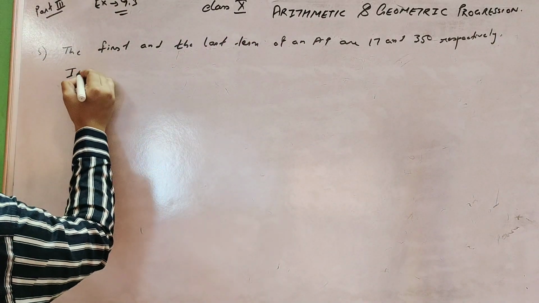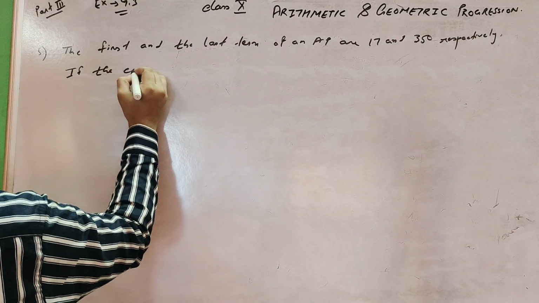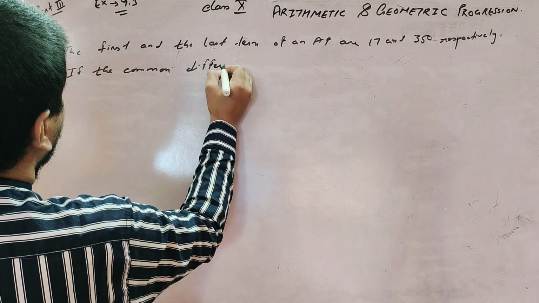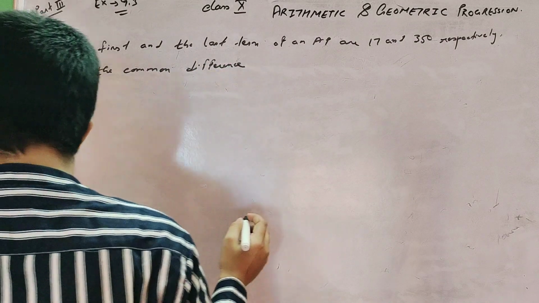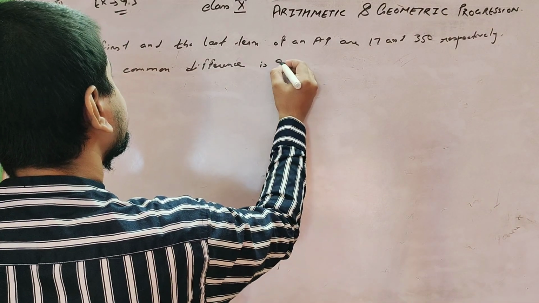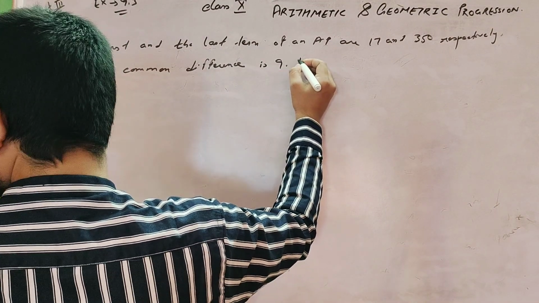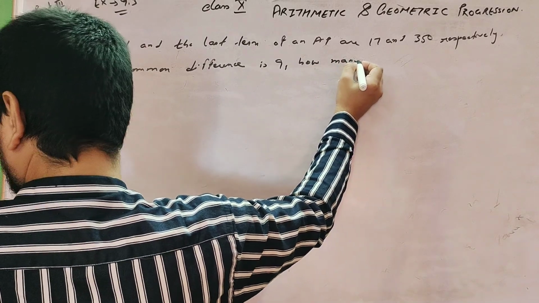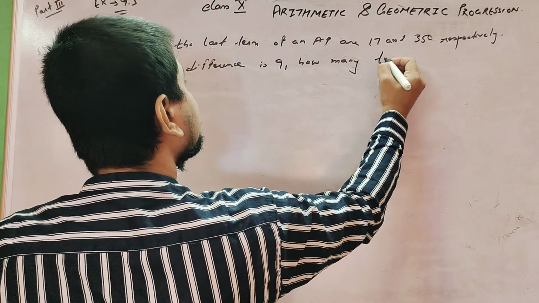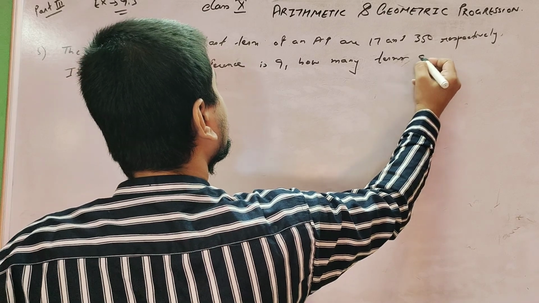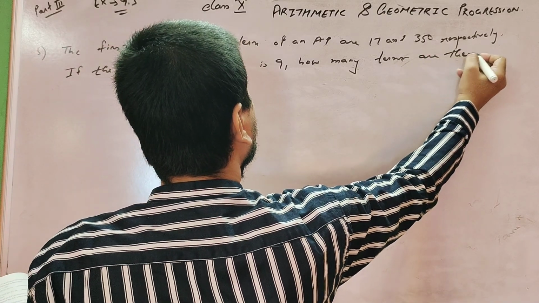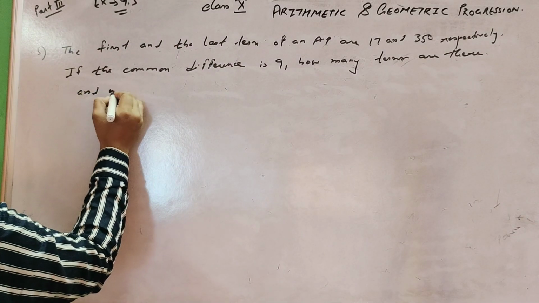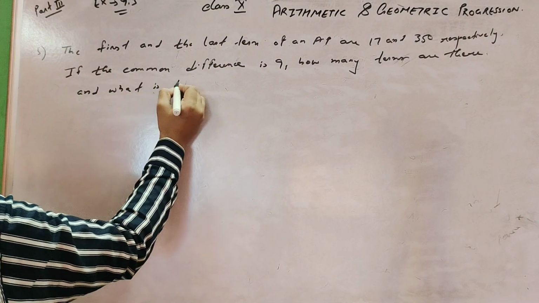If the common difference is 9, how many terms are there and what is their sum?